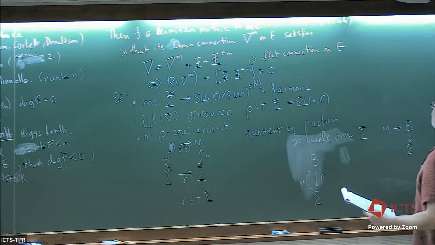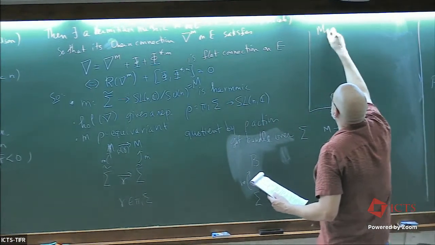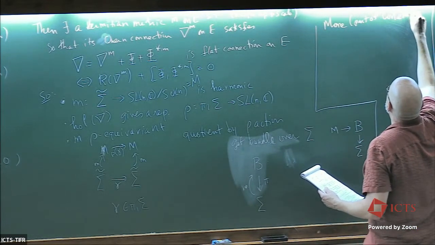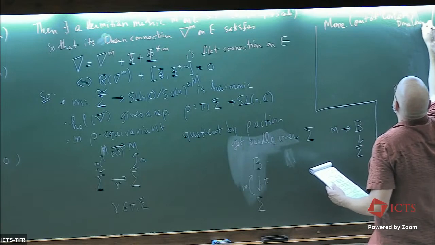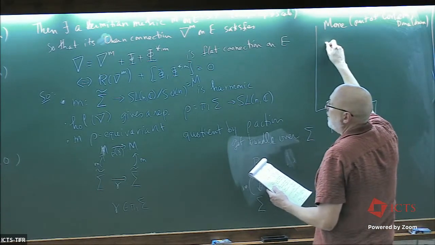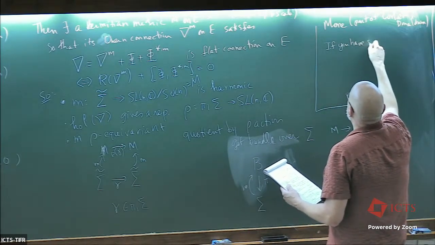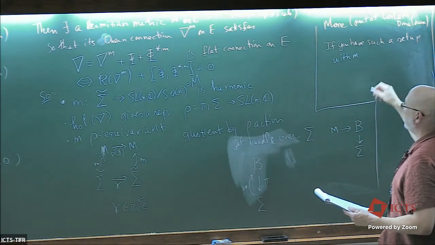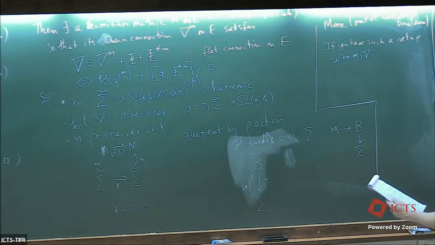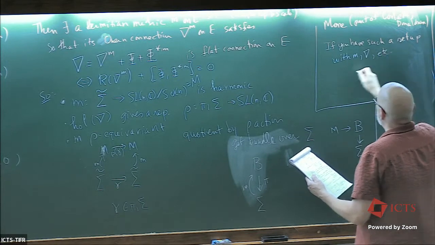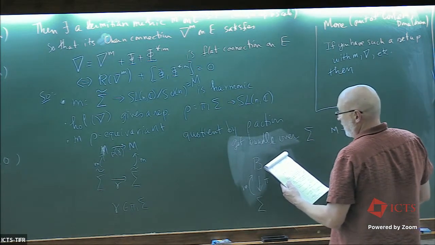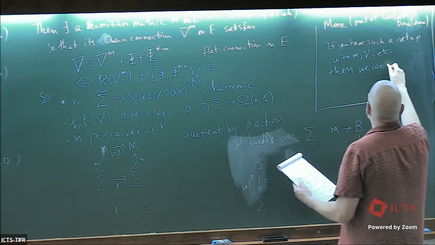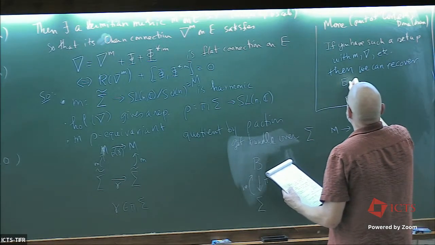Moreover, and this is part of the Corlette-Donaldson part of the nonlinear Hodge correspondence, if you have such a setup with M and delta, or nabla, et cetera, then we can recover E and phi.